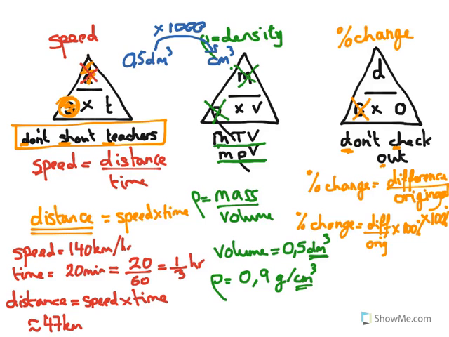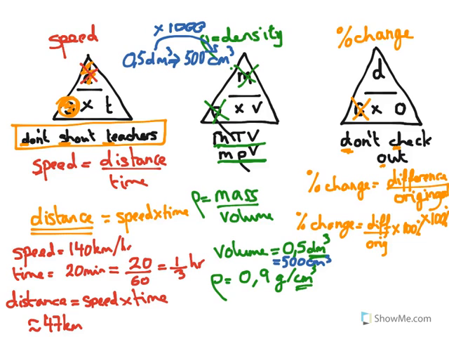That would give us that 1/2 decimeter cubed is equivalent to 500 centimetres cubed. So now we have the volume in centimetres cubed, that equals 500 centimetres cubed.